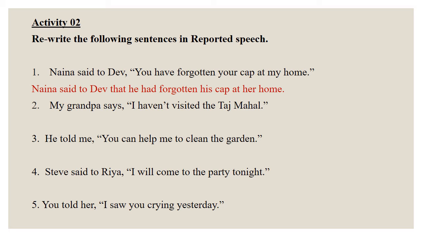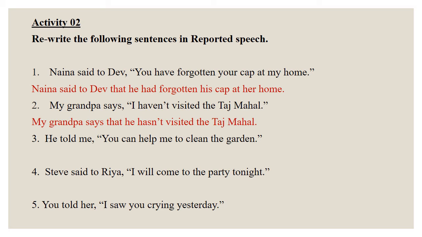Reporting verb is in past tense and direct statement is in present perfect. So it belongs to rule number 1. Look at the second one. My grandpa says I haven't visited the Taj Mahal. My grandpa says. So there the reporting verb is in present tense. It belongs to rule number 3.